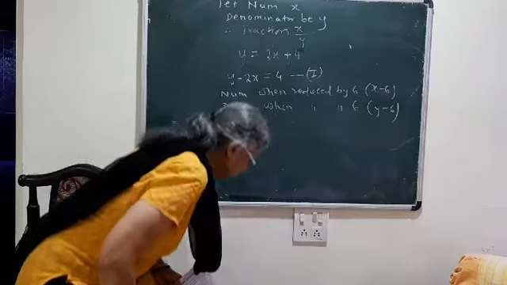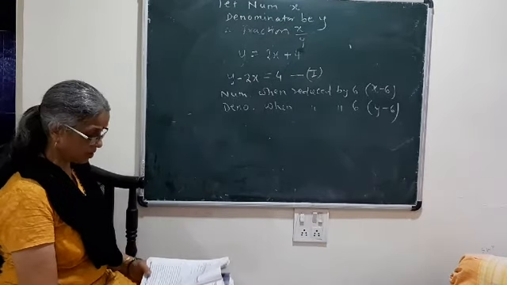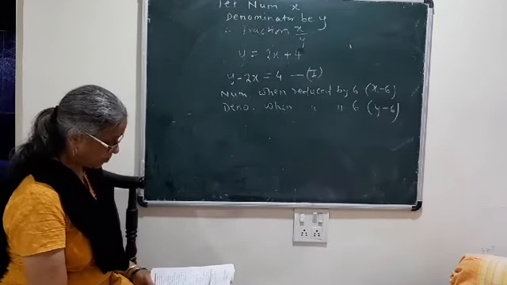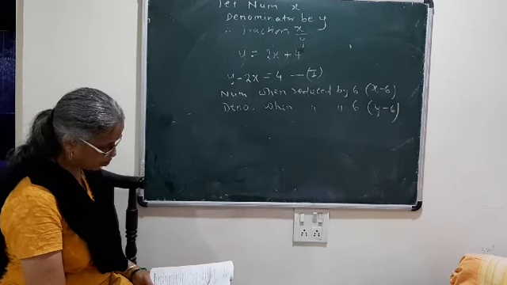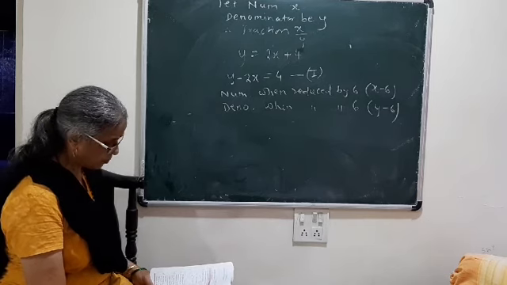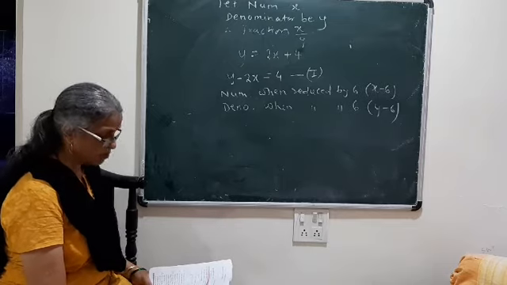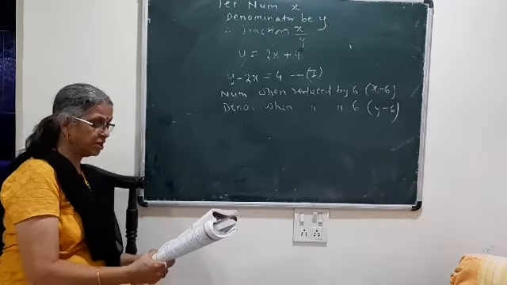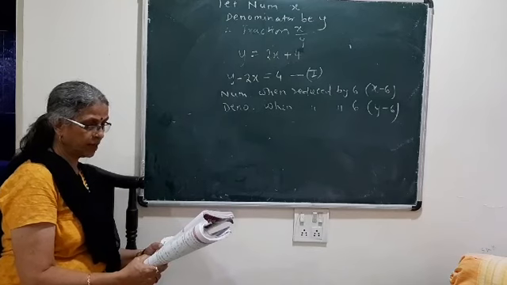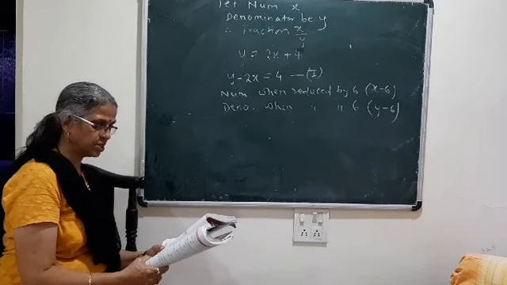Followed? So once again I will read. Denominator becomes 12 times the numerator if both the numerator and denominator are reduced by 6. That means here we have already used the condition if both the numerator and denominator are reduced by 6.